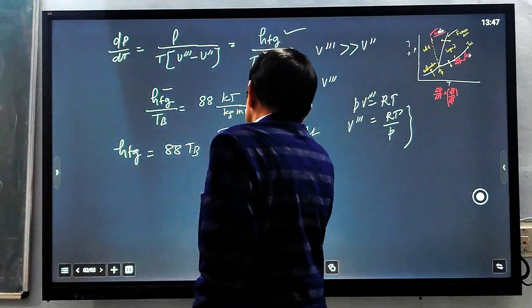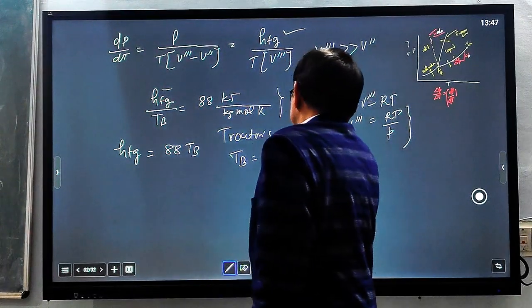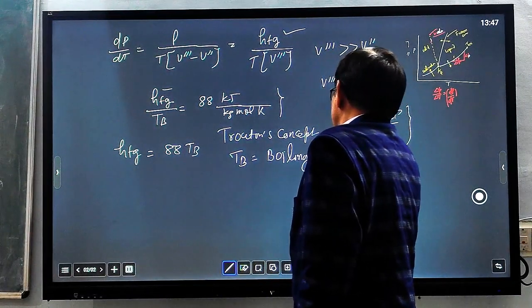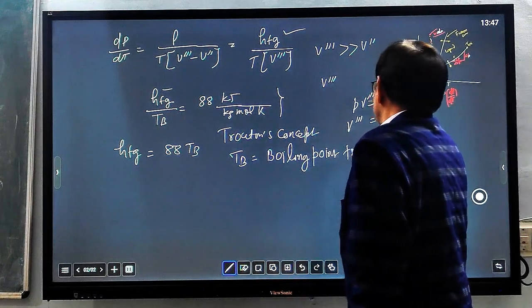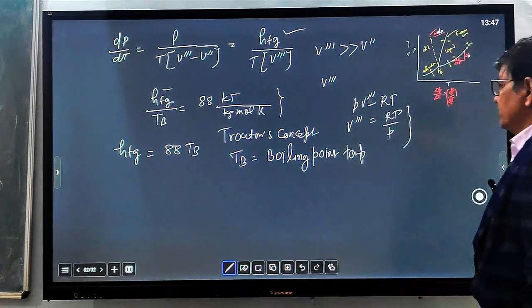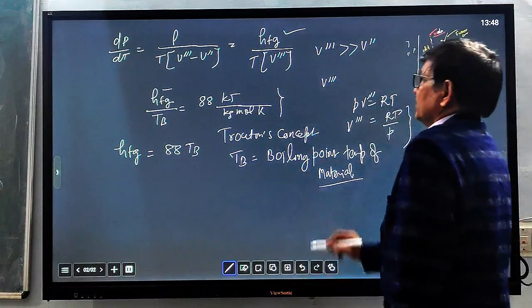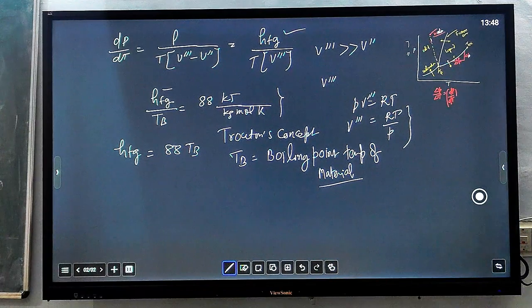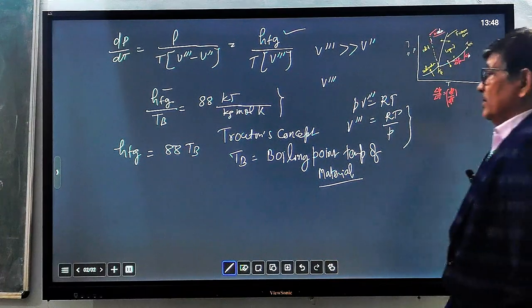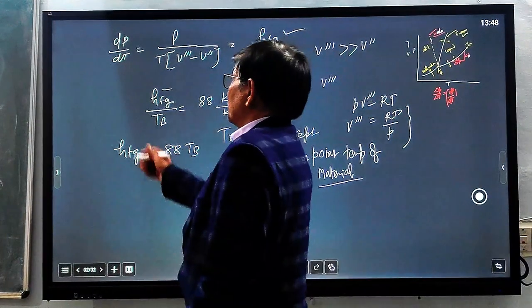So TB is the boiling point temperature of the material, any material. So we can find out vapor pressure at any given temperature by using Trouton's concept.